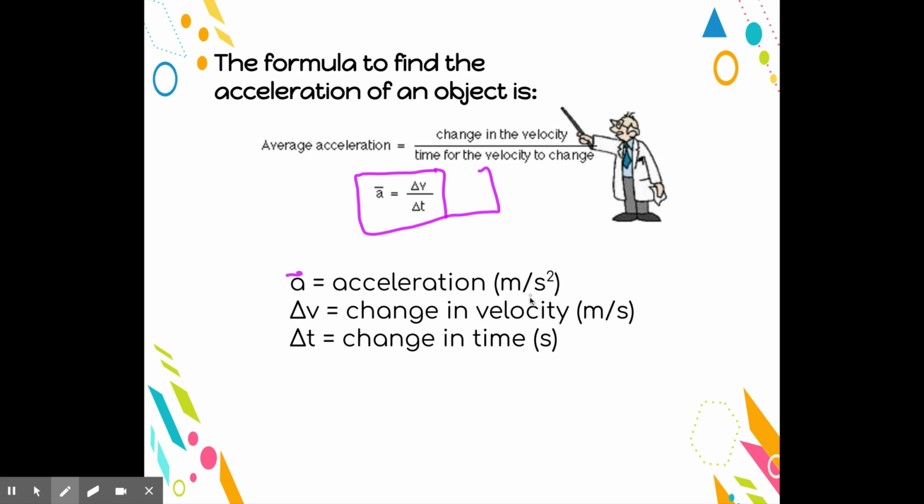Your units for acceleration are meters per second, and it has to be squared. There is a difference between the units of velocity and acceleration. Delta v stands for change in velocity, so you can have a starting velocity and a final velocity. And then we have our delta t, which means change in time, which is going to be in seconds.